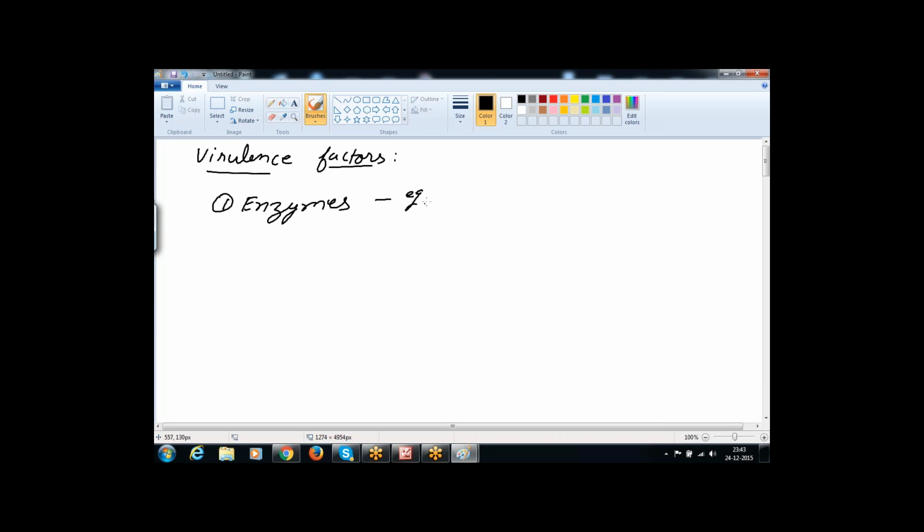For example, hyaluronidase, protease, collagenase, and coagulase.